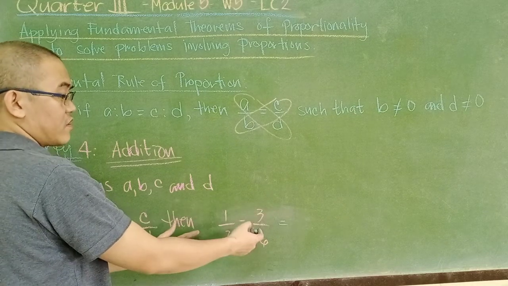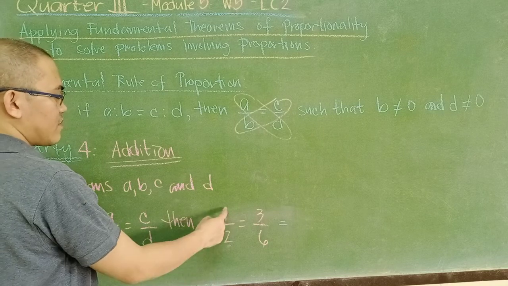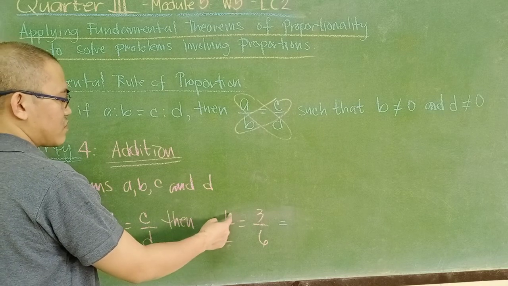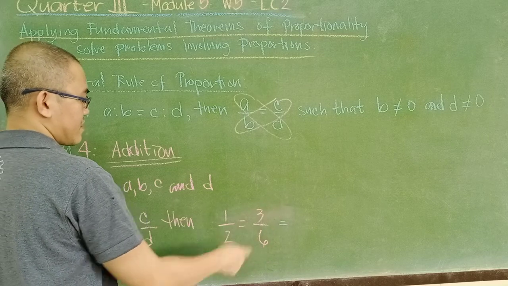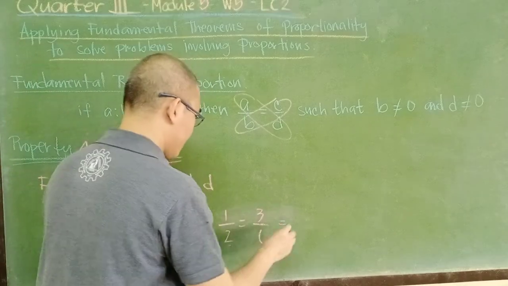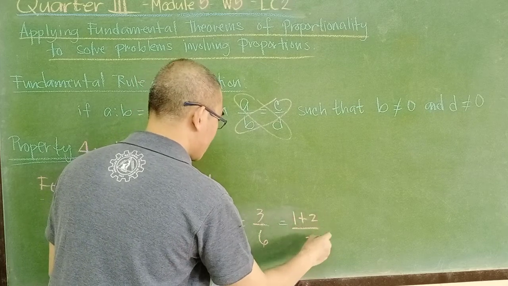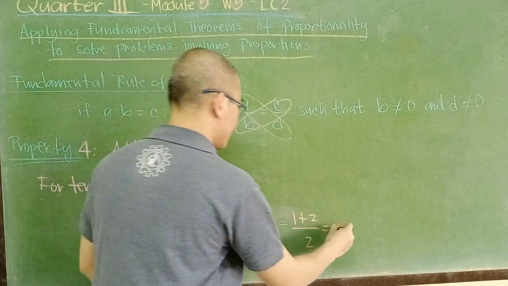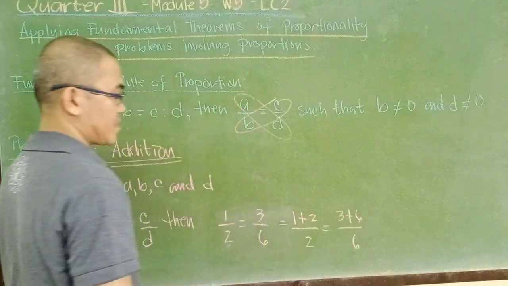These two ratios are proportional or equal. So ang gagawin ko dito sa may first ratio, mag-add ako ng 2 dito. Dito sa may second ratio, mag-add ako ng 6. So we have 1 plus 2 over 2 is equal to 3 plus 6 over 6.